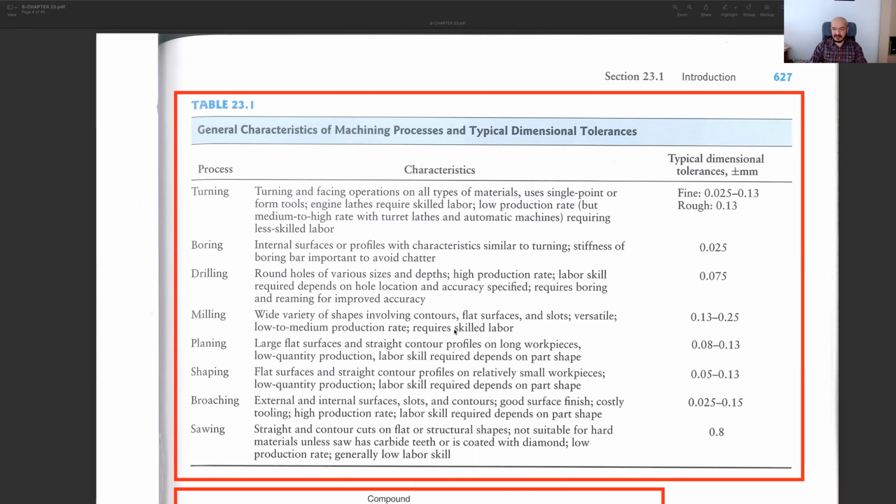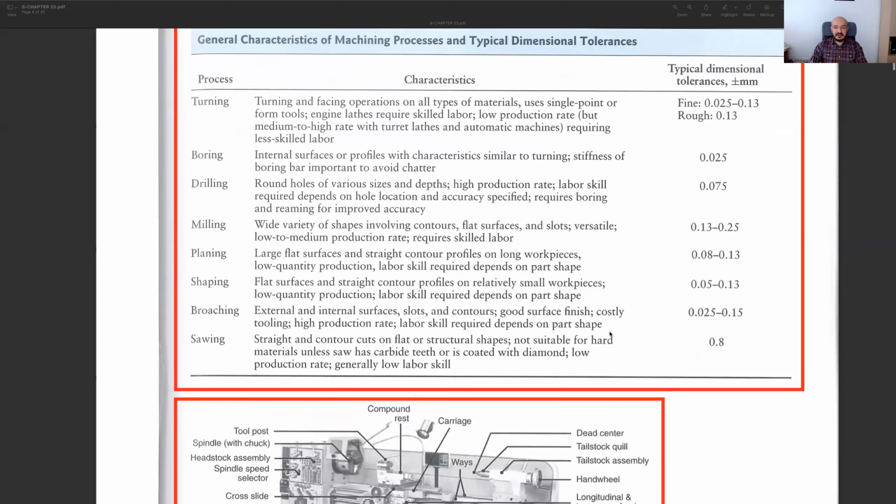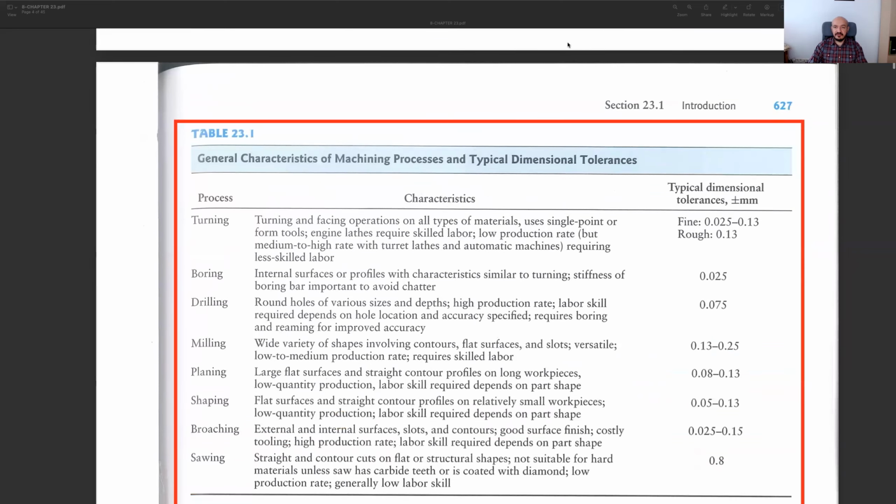If you compare, let's say, with milling, or sawing operation, obviously turning is much better, but on the other hand, it's quite equal to boring, since boring is a much better process in terms of dimensional accuracy compared to turning. But the problem is that in order to do boring, you need to have a hole. And let me stop here for now.